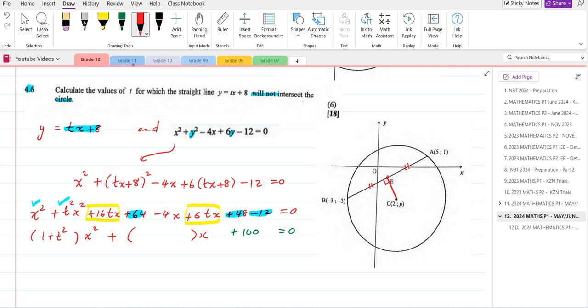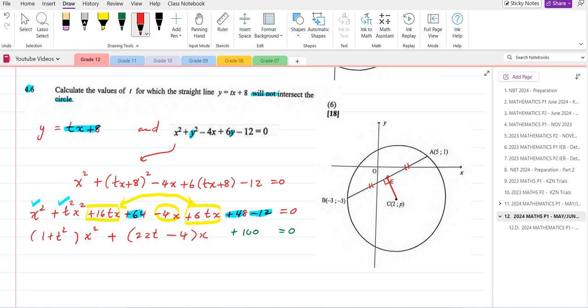So I'm trying to collect all the x terms. Obviously those were like terms. So that makes 22t times x, 22tx minus 4, because I took out the x.